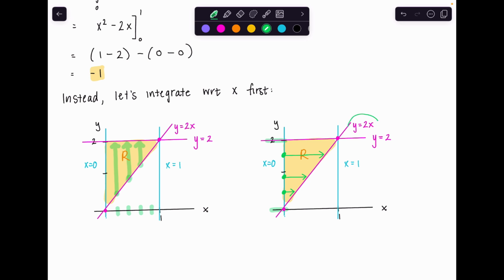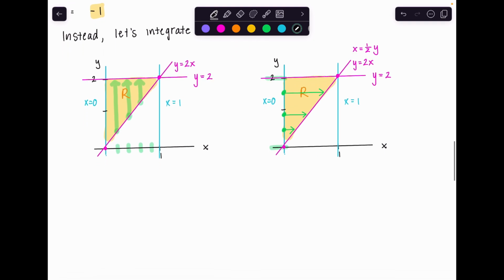The problem is I need to switch this as well. I need to get this as x in terms of y, because I don't want to keep x in my bound. I'm getting rid of the x first. I want to integrate with respect to x. I should have no x's left. So instead, I just want to rearrange this equation. My x is equal to 1/2 y.